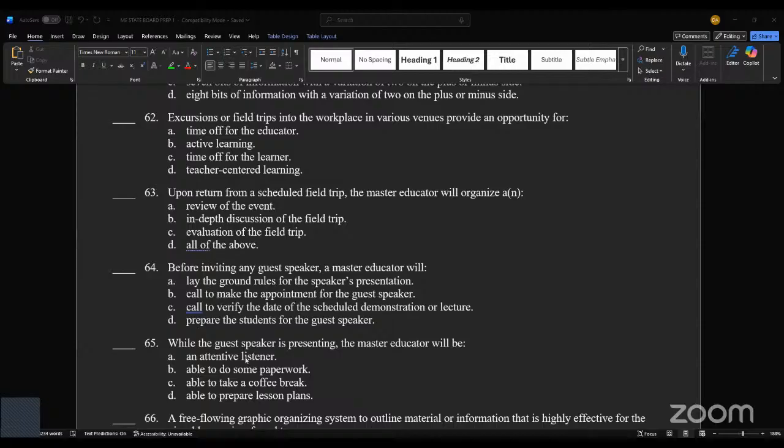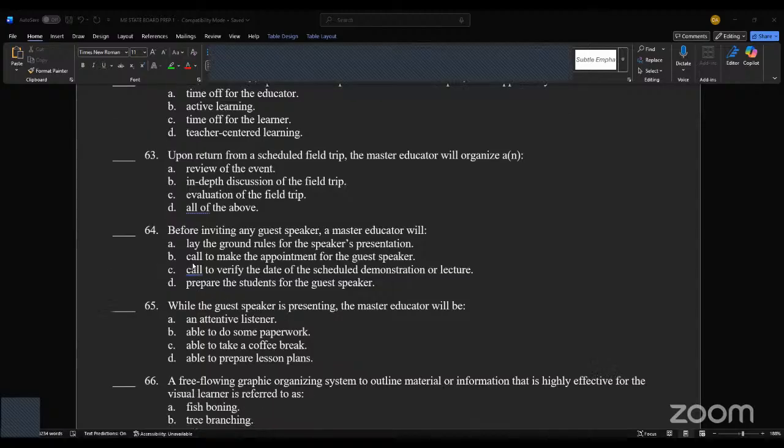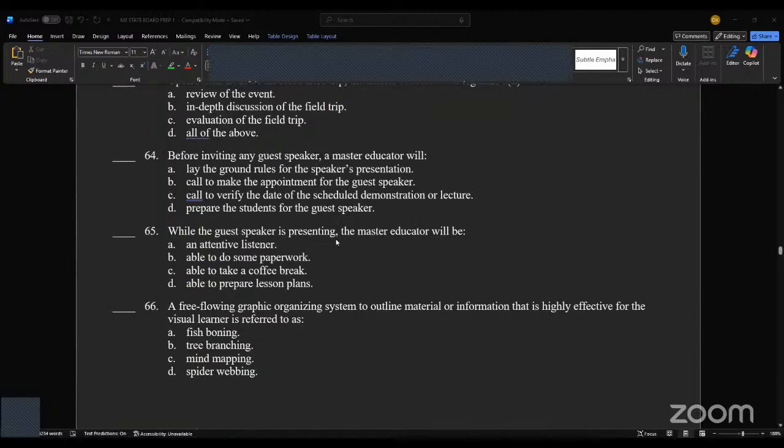And then 65, while the guest speaker is presenting, the master educator will be: A, an attentive listener; able to do some paperwork; able to take a coffee break; or able to prepare lesson plans. And 65 is A, an attentive listener.